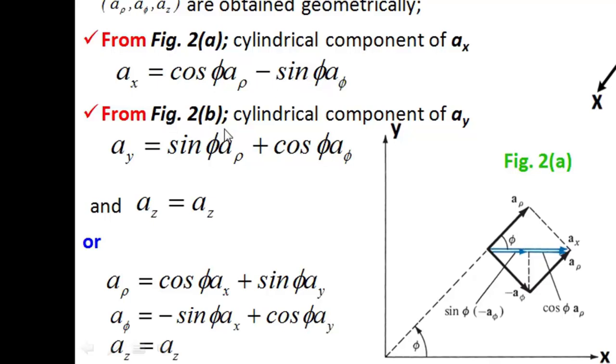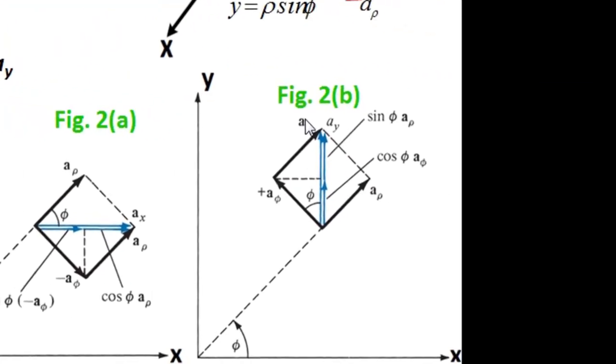From figure 2b, the cylindrical components of ay can be calculated. Similarly, in this case, a rho is making angle phi with the x-axis, so a rho will be broken along the y-axis. This will provide sin phi a rho. If we break the component of a phi along the y direction, we will find cos phi a phi.